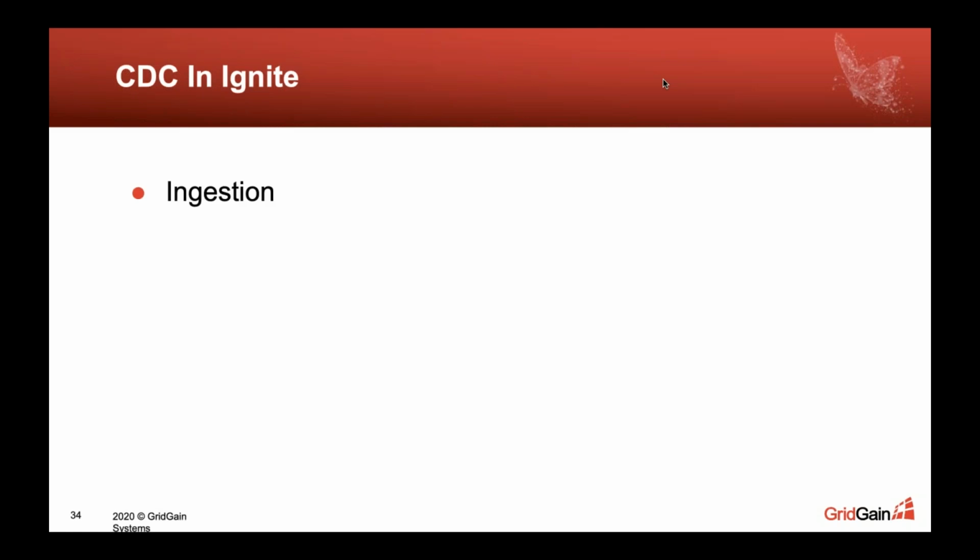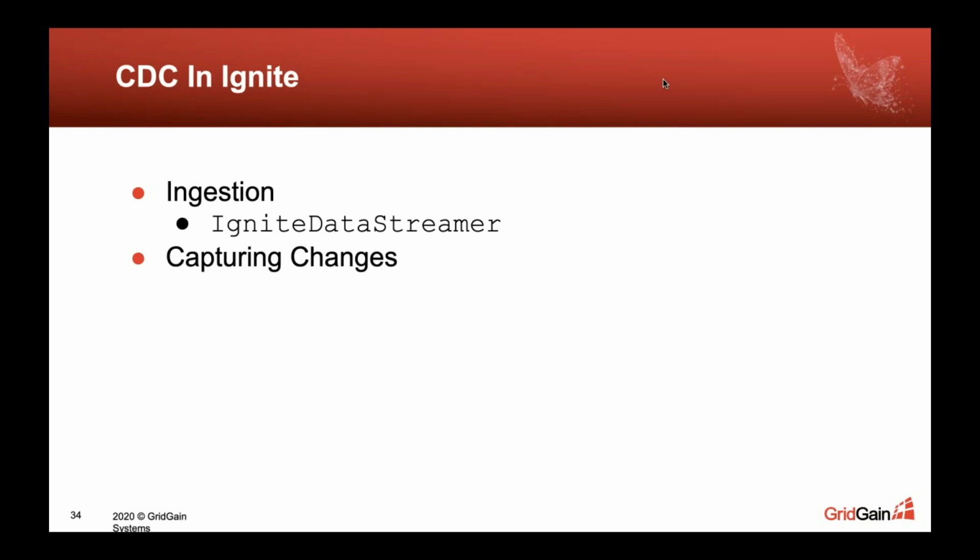Okay, let's recap on the tools that we've covered here. For ingestion, you use Ignite Data Streamer. So it's a tool that can optimally deliver changes to your data nodes and put updates to your cache or execute a custom stream receiver.